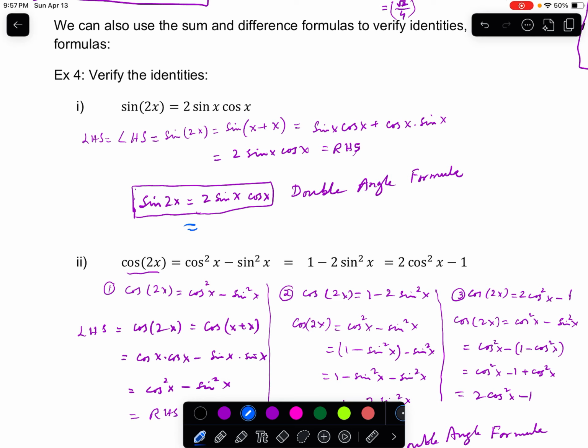So cosine of 2x is equal to cosine square x minus sine square x, which equals 1 minus 2 sine square x, which equals 2 cosine square x minus 1. So all these are equal to each other. Basically what has happened here is a bunch of identities, so we will split it.